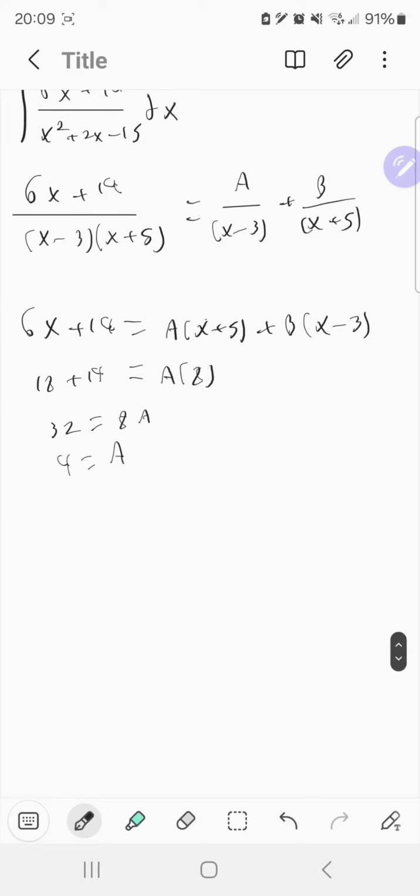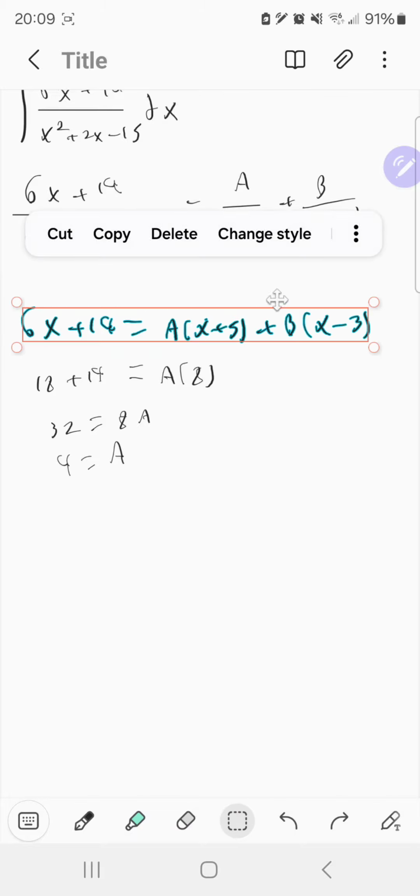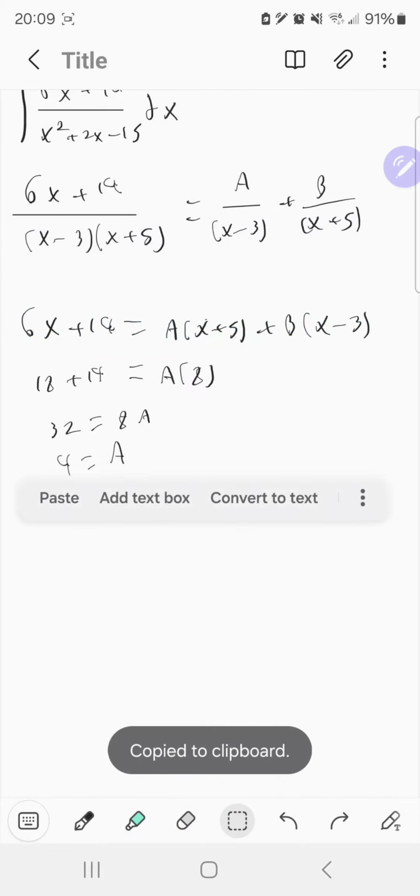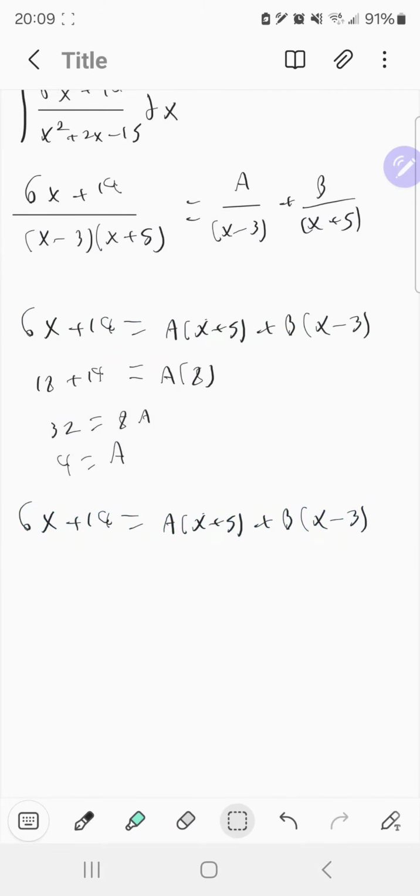Now we can solve for B doing the exact same thing. Alright, so this time we can set x equal to negative 5.